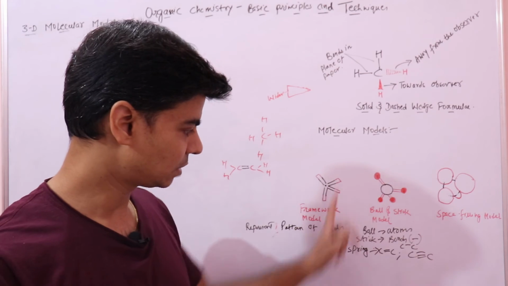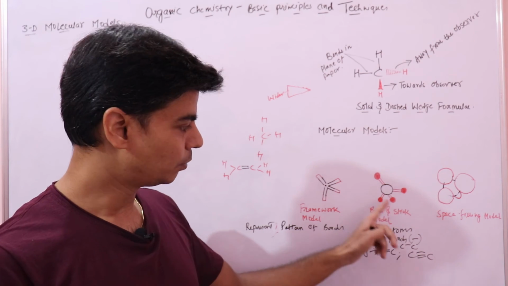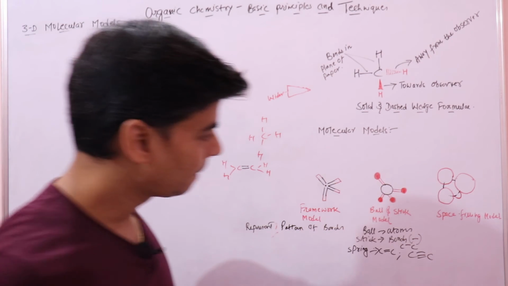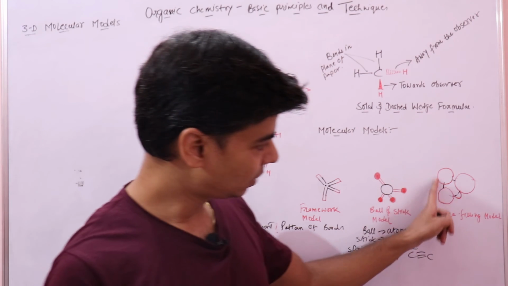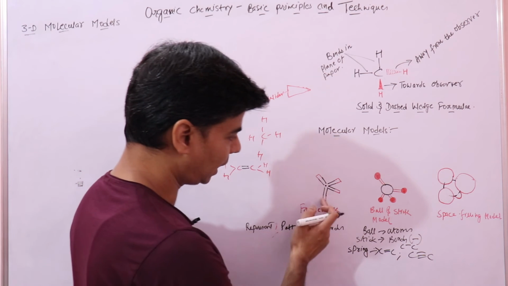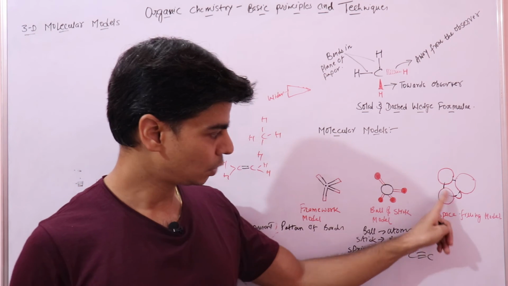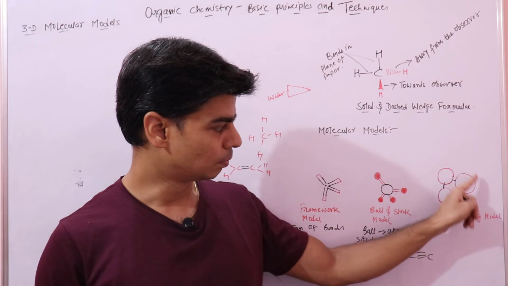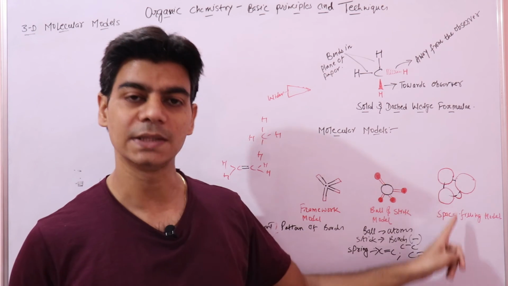So the ball and stick model is used to study the arrangement of atoms and bonds in three dimensions. Now you have the space filling model. In this model, there are no sticks or springs, only balls of different sizes.